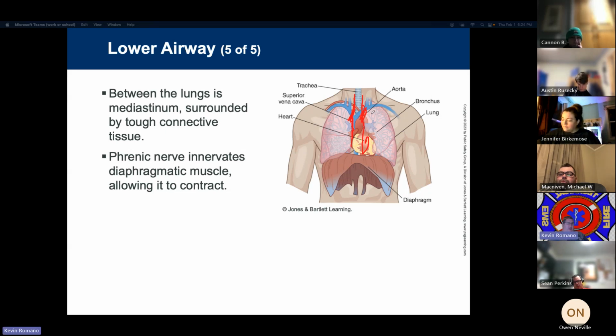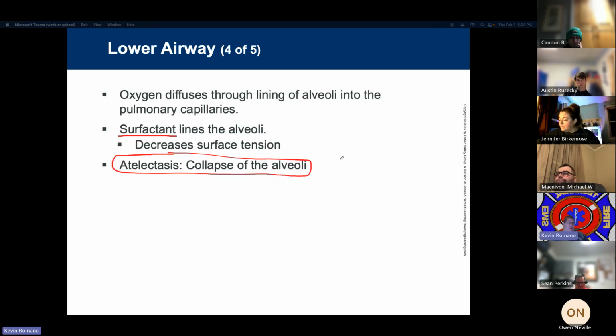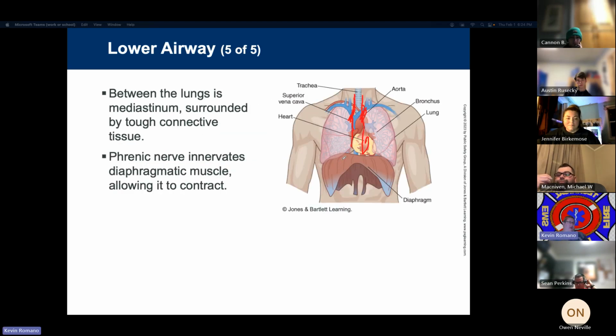Remember, your aorta sits in here, your great vessels and all that, the bronchi, the lungs. Here's your heart down here. The superior vena cava, the inferior vena cava will be down lower. Inferior, superior coming in. All right. So any questions on that at all? All right. Pay attention to mediastinum.